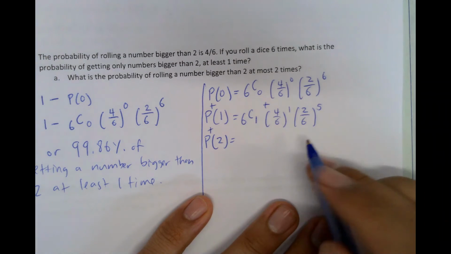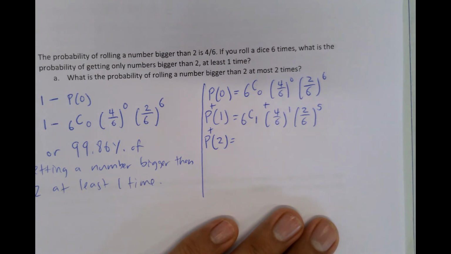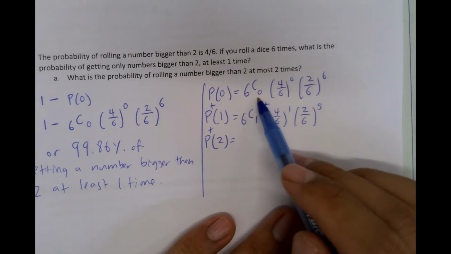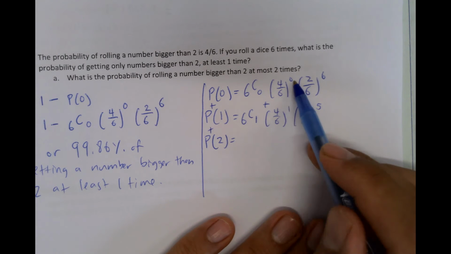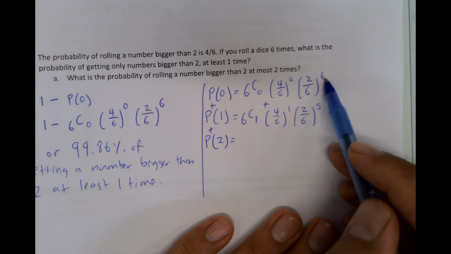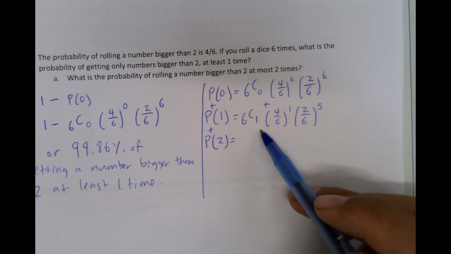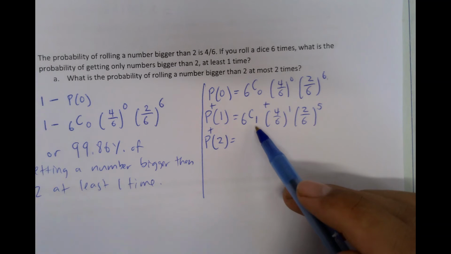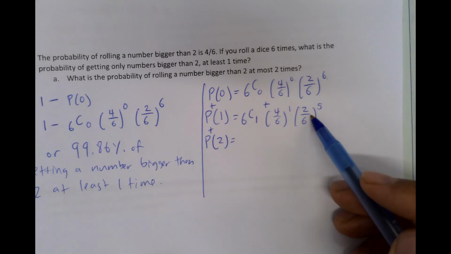Again, the exponents represent how many times it's going to happen, right? So in the first scenario, we're going to roll a number bigger than 2 0 times, but we're going to roll a number that's equal to 2 or less than 2 6 times. The second scenario is where we roll a number greater than 2 exactly 1 time, and we roll a number 2 or less 5 times, right?